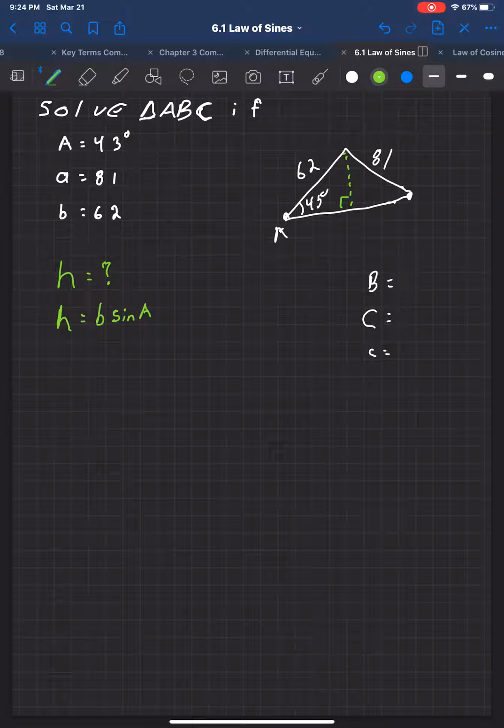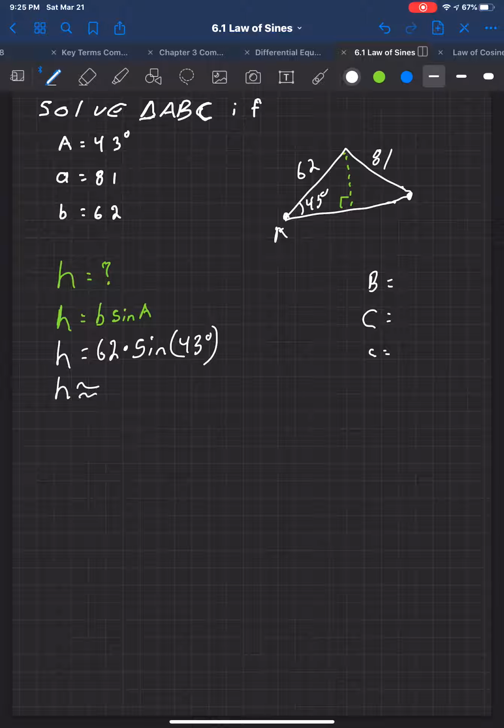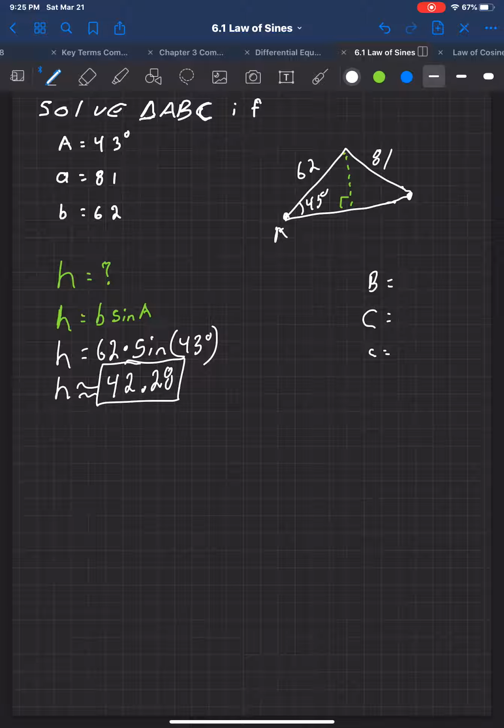If you have to rewind the video on how I figured out what h is, feel free to take a second and then you can catch back up to me. It only takes a second for you to do that. So in this case, h is going to be equal to 62 multiplied by sine of angle A, which is 43 degrees. All right? In other words, h is approximately equal to 42.28. All right, so now that I know h, let's compare it to A.